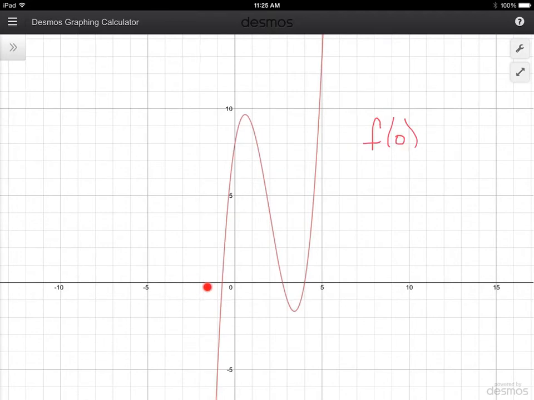So you go across until you get to x being 0 here at the origin, and then you would go up or down until you find the curve. Okay, and you can see right there that the y value would be 8.